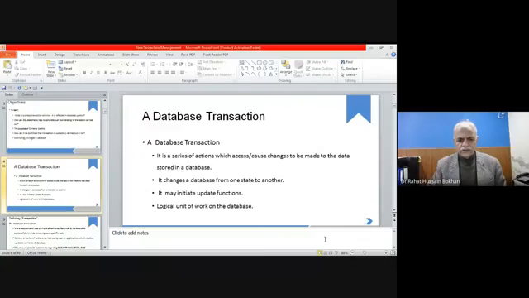Considering a transaction, it might be a series of actions which access or cause changes to be made to the data stored in a database. Because you have created a database and further you have created a table, there are different actions to be carried out on the part of the user.